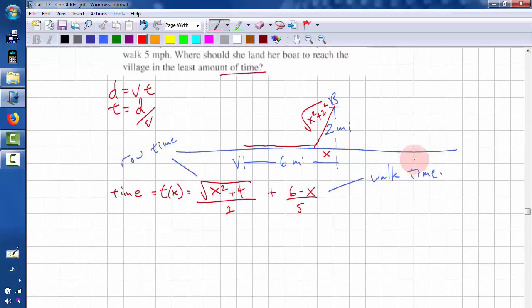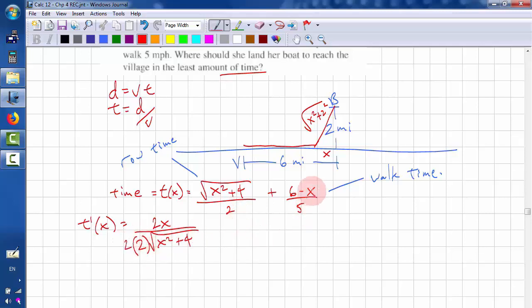We need to minimize this, so we need to take the derivative. T prime of x equals. It's best to think of this as x squared plus 4 to the power of a half. You can use the chain rule. So we're going to take the derivative of this. That's 2x over 2 times the square root of x squared plus 4, and we need to multiply by another 1/2.